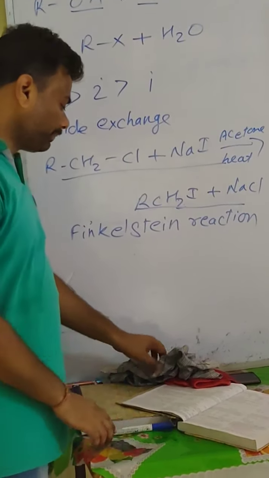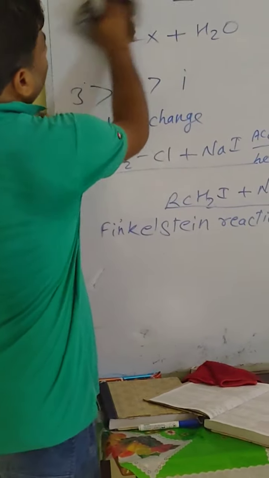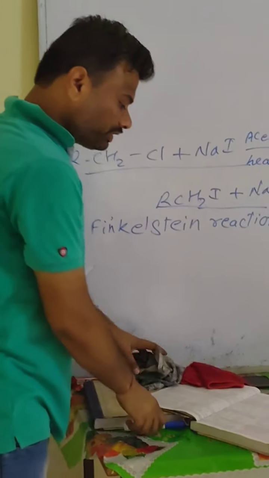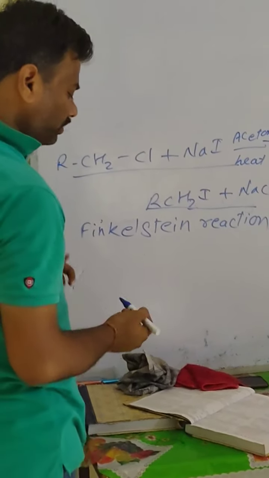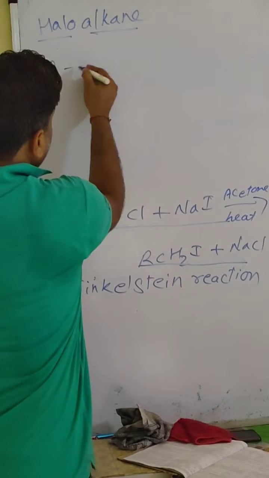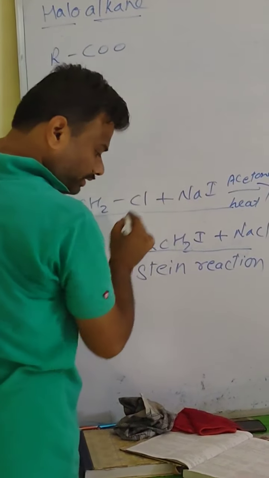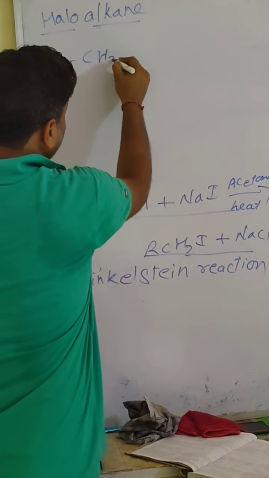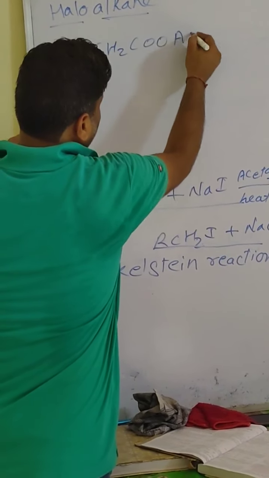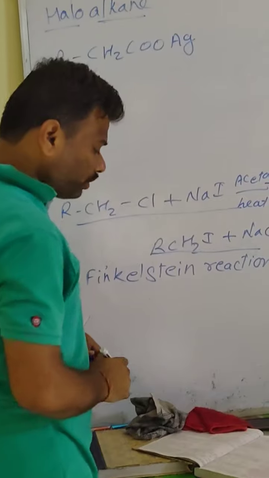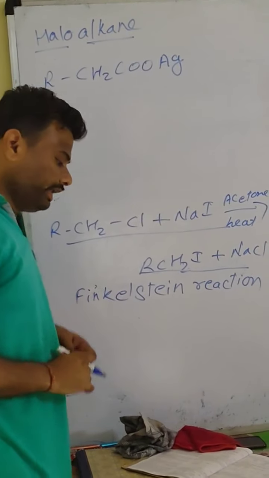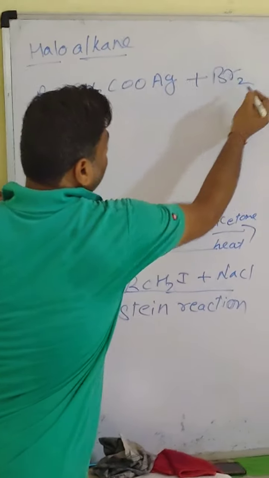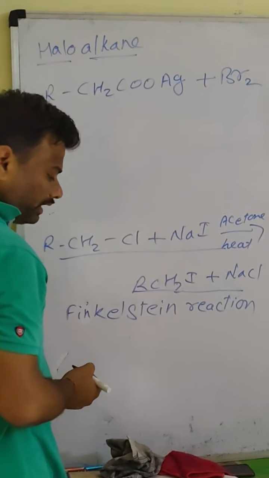The last method of preparation is from the silver salt of a fatty acid. Silver salt of fatty acid means RCH2COOAg. When it is reacted with bromine, the reaction gives RCH2Br.